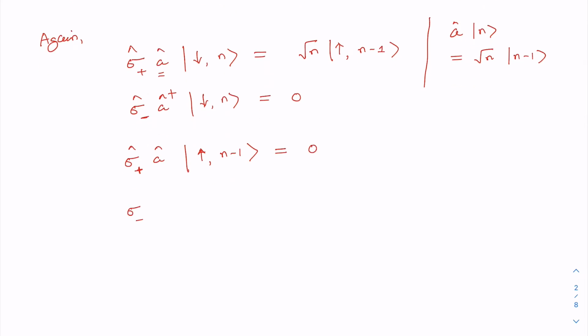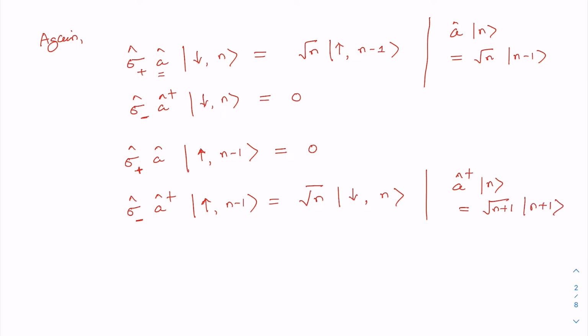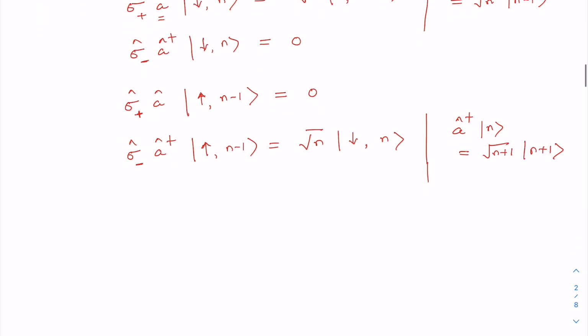On the other hand, when σ- a† operates on this state, the atomic lowering operator lowers the atomic state to the ground state, and a† applied on n minus 1 makes it n. Again, you recall that a† acting on n gives square root of n plus 1.